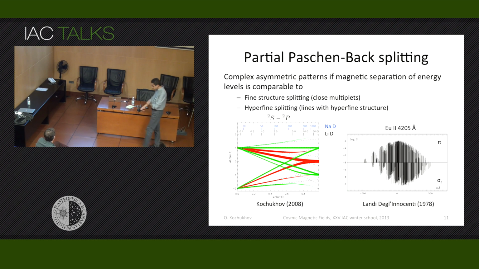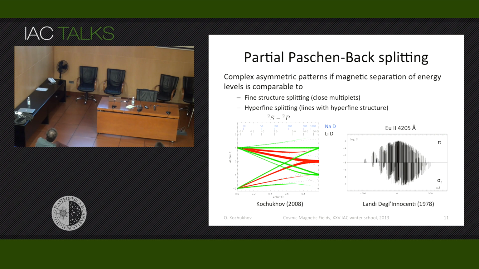Now, there could be, of course, complications to this picture, and the complication that we encounter most often is that sometimes the magnetic splitting is comparable to the fine structure splitting. So the terms responsible for the spin-orbit coupling and for the linear Zeeman effect are comparable, or even the magnetic term is dominating.